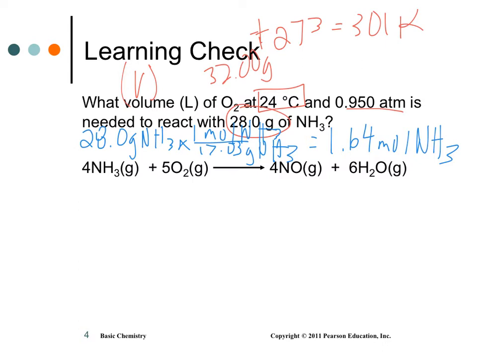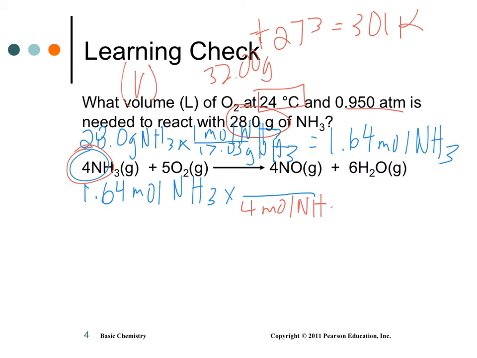I'm trying to find my space if I can do this problem. Okay, so I think I can make it work. So I'm going to make it small here. I'm going to take my moles, 1.64 mole ammonia. I got 4 mole ammonia. I have to go to oxygen.